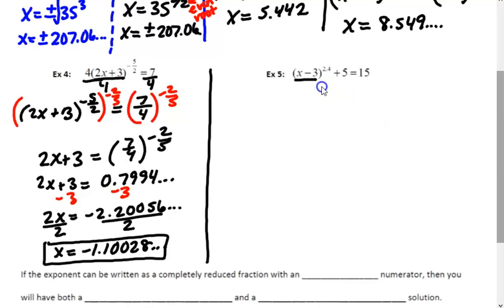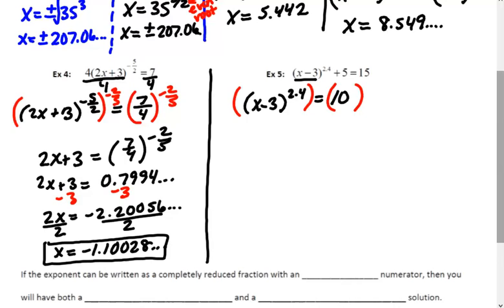To isolate the base here, I'm going to need to subtract 5 from both sides to start out with. So I have x minus 3 to the 2.4 power equals 10. So subtracting 5 from both sides. Now I need to raise this to the 1 over 2.4 power to use the reciprocal powers. Let me just write an extra line.